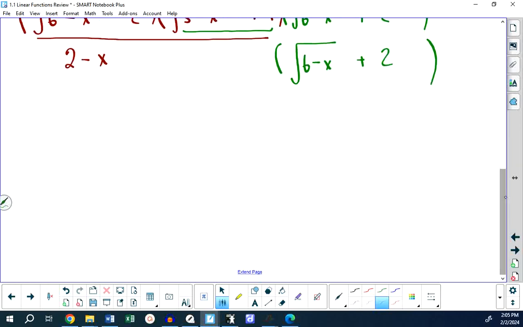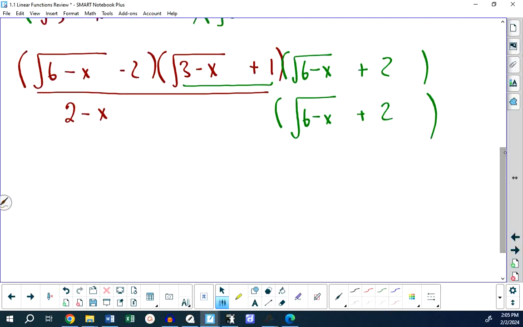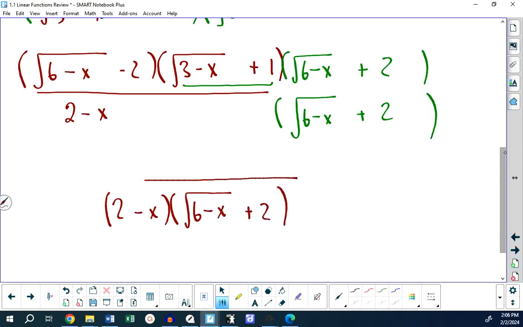On the bottom, I have my 2 minus x, and I have this root 6 minus x plus 2. On the top, I have this underlined in green, the root 3 minus x plus 1.